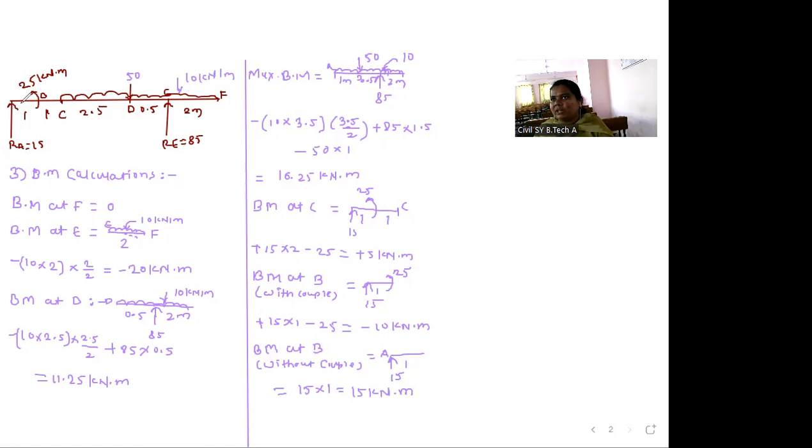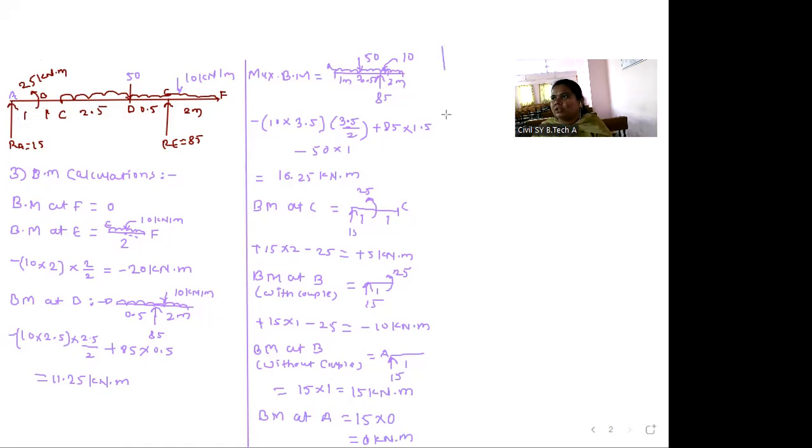And the last point remaining is point A, so the bending moment at A is equal to 0, because the 15 kilonewton force is there, but the perpendicular distance is 0, so 15 into 0 is 0 kilonewton meter. So these are the bending moment calculations.